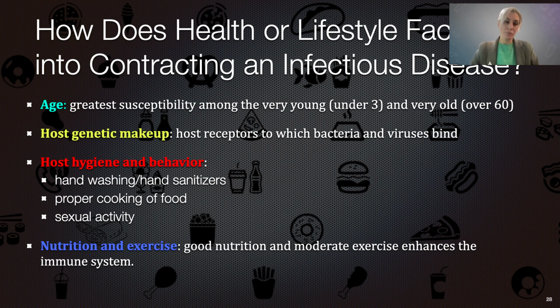And also, barrier protective methods such as condoms will not cover all of the genital area where there could be an infection. So increased sexual activity or not safe sex can increase our likelihood of contracting an infectious disease.